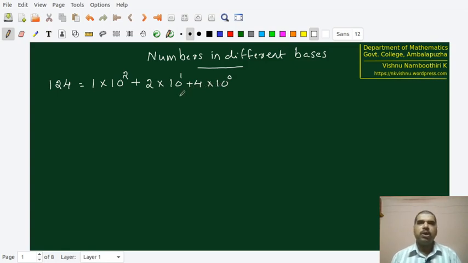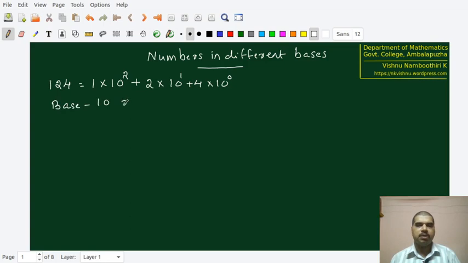Therefore, the total value of this number is actually 1 into 10 square plus 2 into 10 raised to 1 plus 4 into 10 raised to 0. That means that every integer will be having a value of that integer into a power of 10. Therefore, this representation, we call this as the decimal representation or base 10 representation.